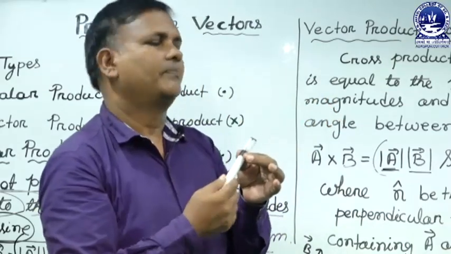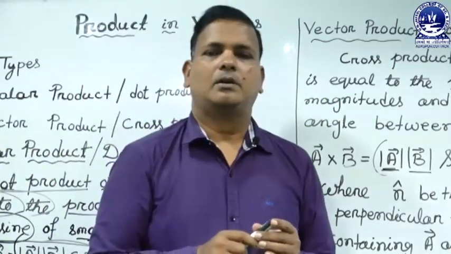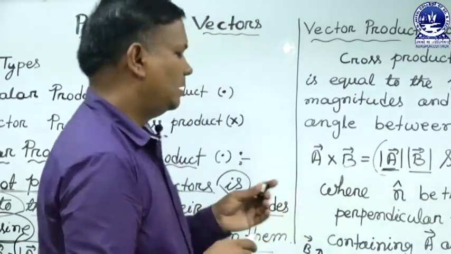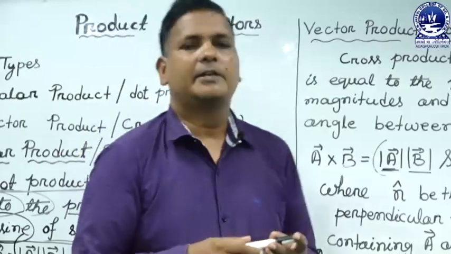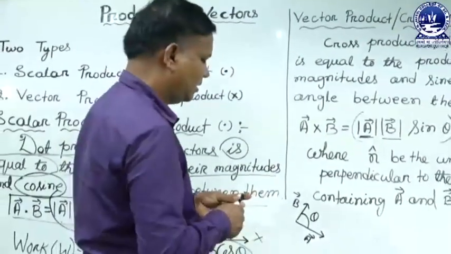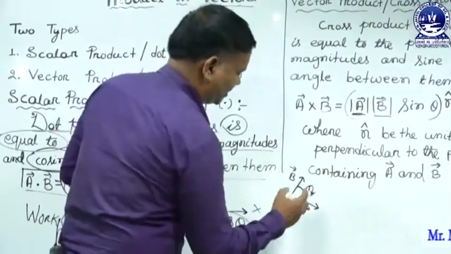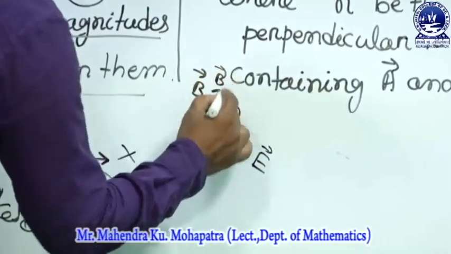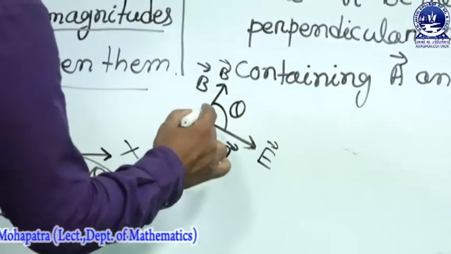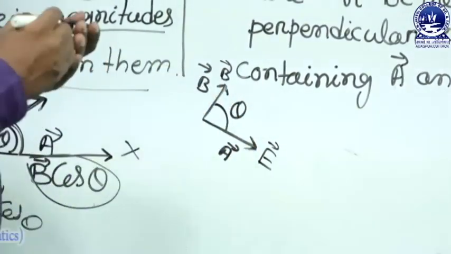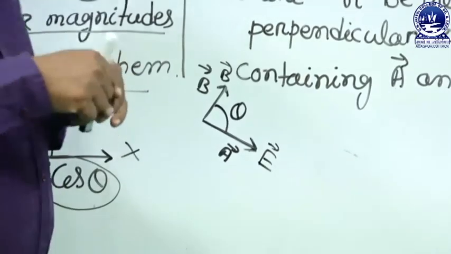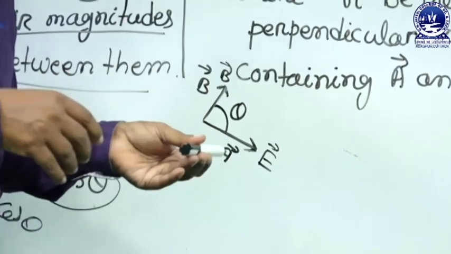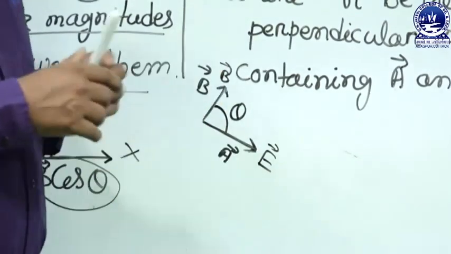For example, the electromagnetic wave: if this is the electric field E, suppose this is the magnetic field. If the electric field moves in this direction, the magnetic field gives the direction. So the electromagnetic wave travels in a direction perpendicular to both the electric field and the magnetic field.